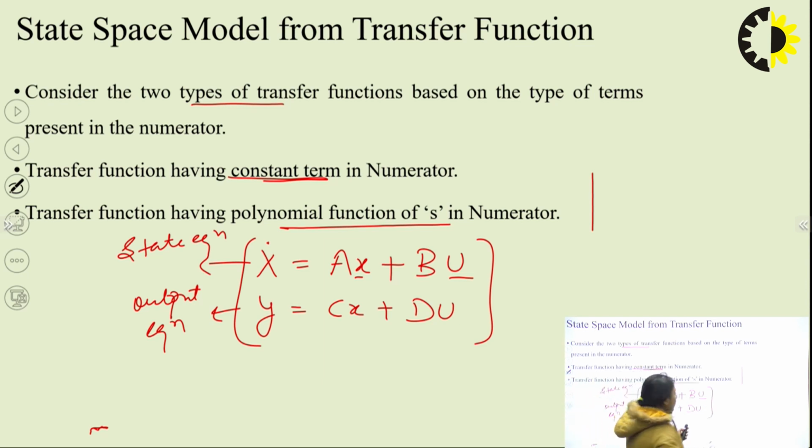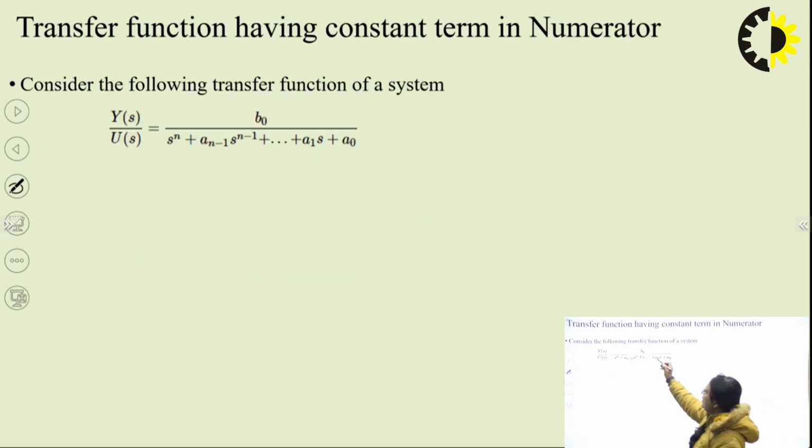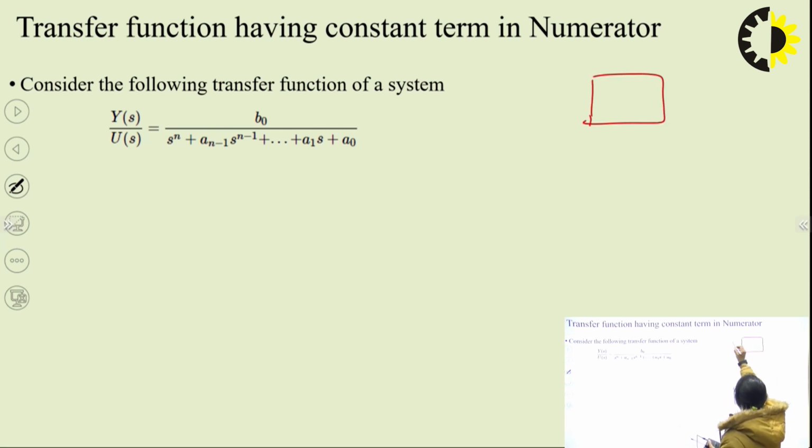So how to obtain the state model from the transfer function? The first case is when I am having a constant term, that is b naught, in the transfer function. As we know, for any system, this is the system in which there are n number of inputs, let's say u1, u2 up to un, right?